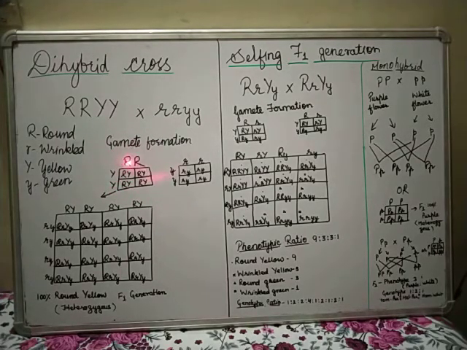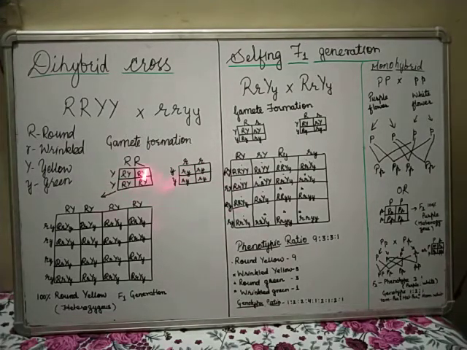When we combine the characters, we get RY, and again RY and RY, so we got RY gametes in the first case, that is in case of the round yellow. Similar gametes will be formed in the wrinkled green, with small r and small y. When we combine them we get small r and small y as the gametes.